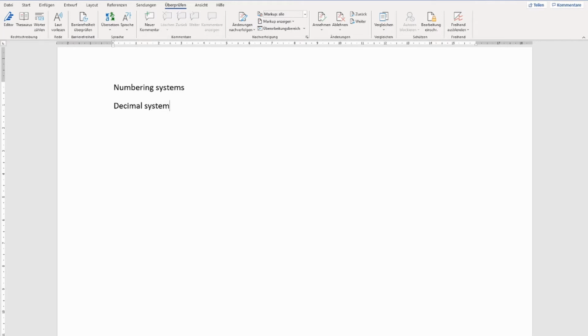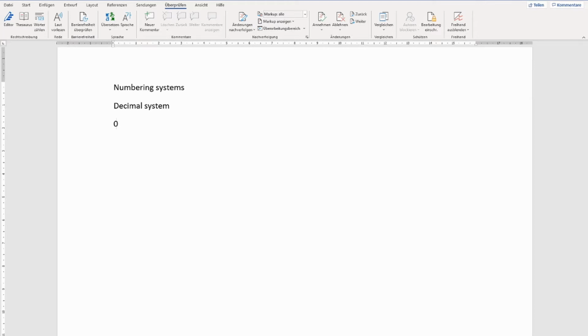decimal system. The decimal system, what is it? The decimal system consists of 10 different signs, let's call them. We call them digits. So we have 10 different digits.